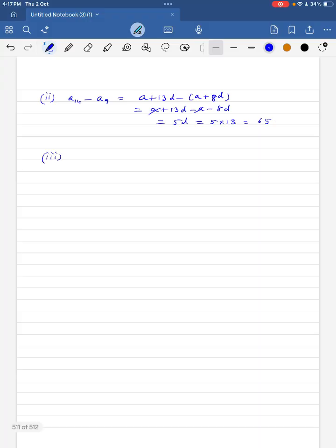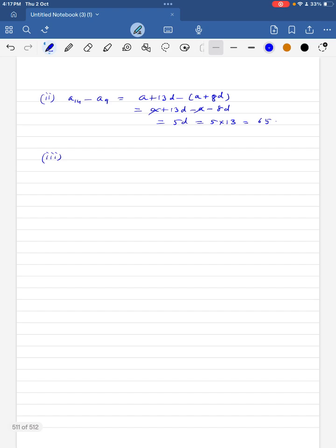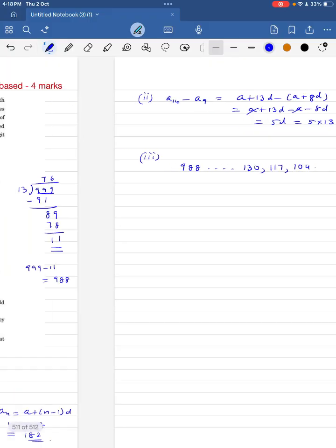Now let's answer the third part of the question. They're asking you to find out how many paracetamols were sold by the 9th pharmacy from the last. So let's rewrite our AP in the reverse order. The first term will be 988, then 975, and so on, down to 130, 117 and 104.